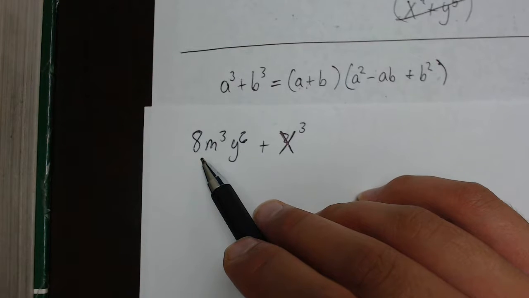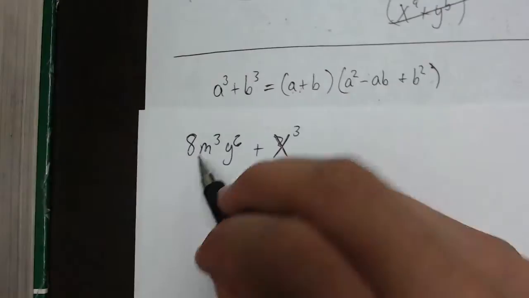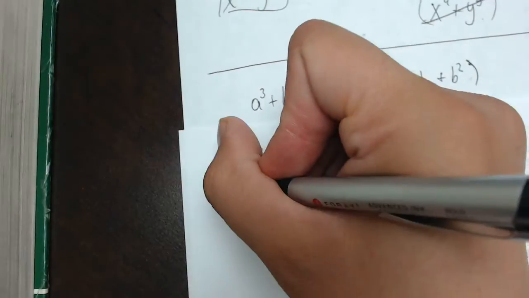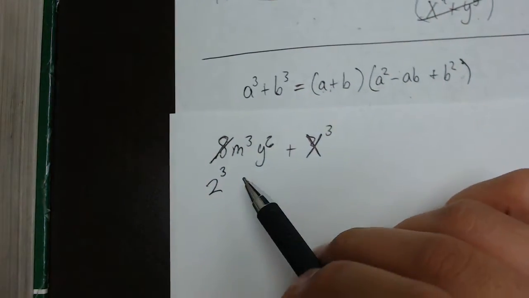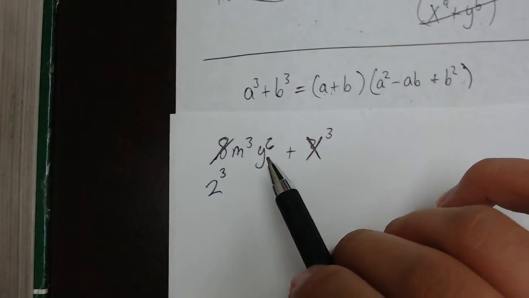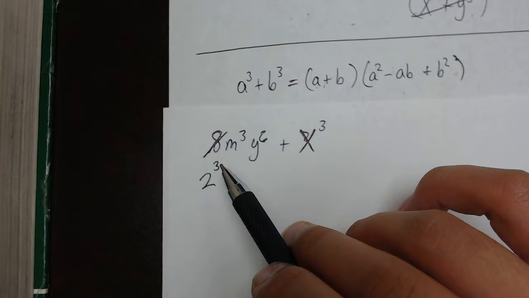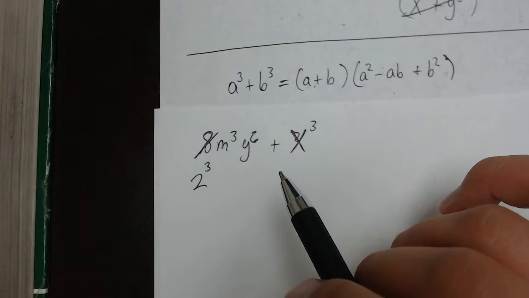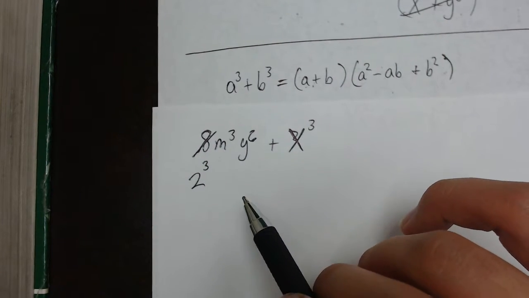And if you know your two times tables, you realize that 2 cubed is equal to 8. 2 times 2 is 4, times 2 is 8. So the base, or this 8, could be rewritten or thought of as being a 2 cubed. And so anytime you see a number like this and they tell you to factor it, try to find the cube of the whole number. They might use big ones like 64 or 125. Always try to find the cube of whatever that number is.